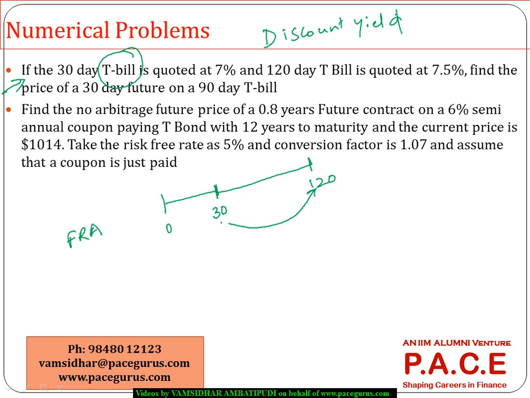The 30-day treasury bill is quoted at 7%, which means what is the actual discount rate here? 7% per year. So for 30 days it would be 7% into 30 by 360.